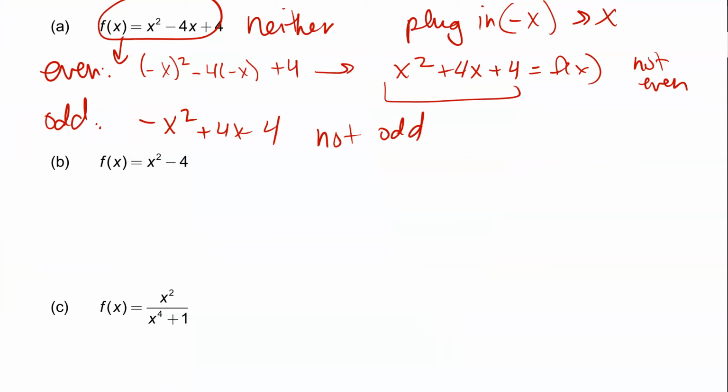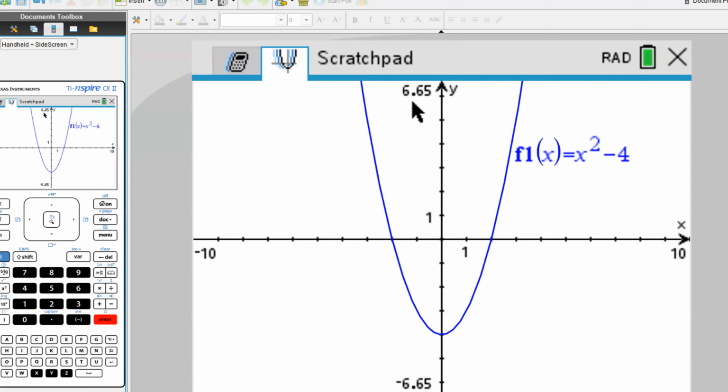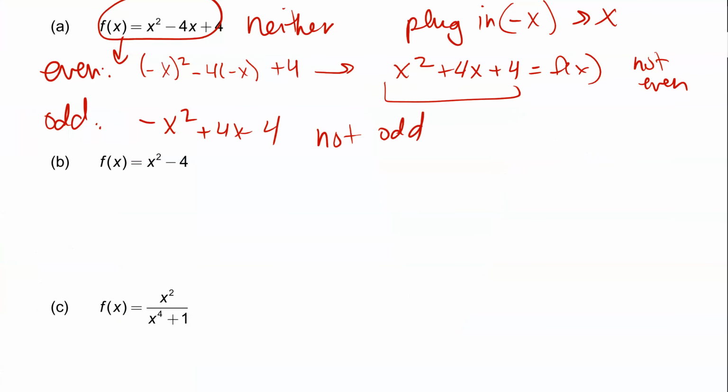All right, so this is going to be even. It's symmetric with the y-axis. Symmetric with the y-axis, even. So I know it's going to be even. And let's prove it. So plug in negative x for x. If you get the same equation, even.